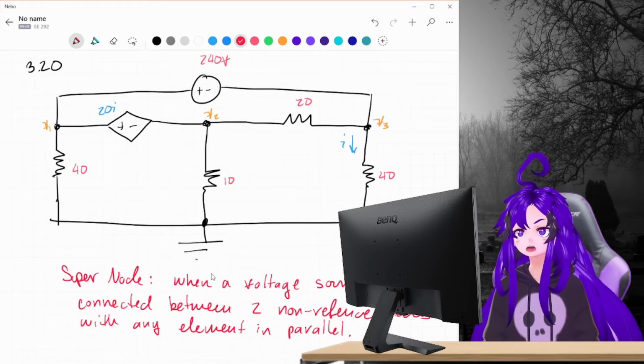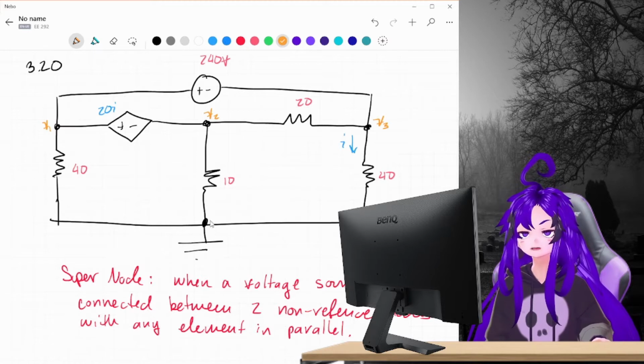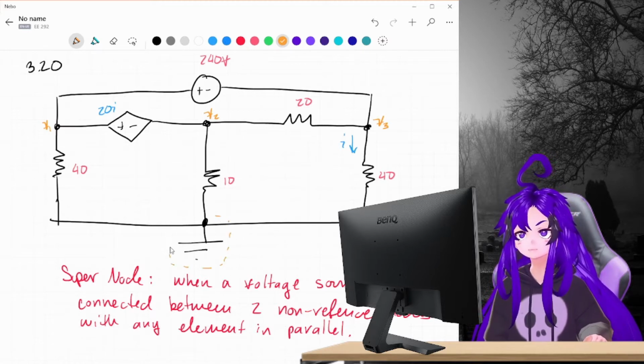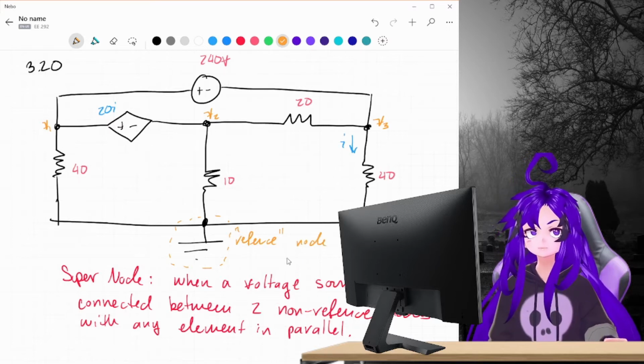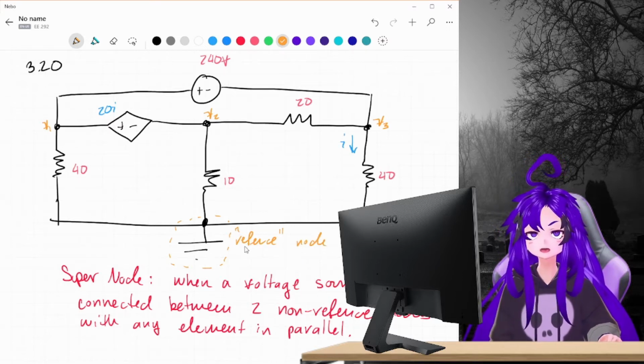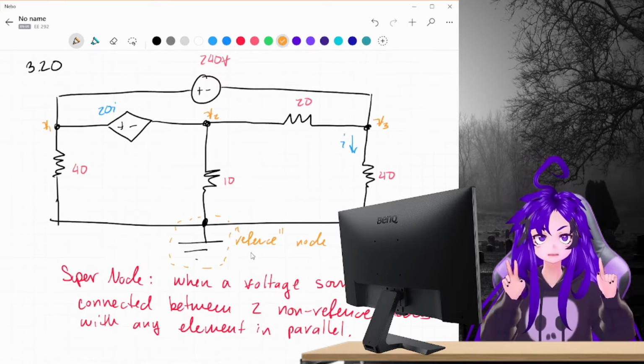Okay, so also note, this is a reference node. We call it ground. So basically the idea is that zero ground is the reference.